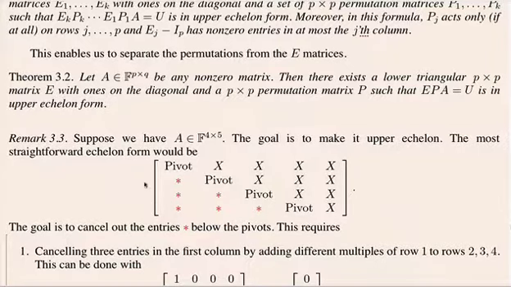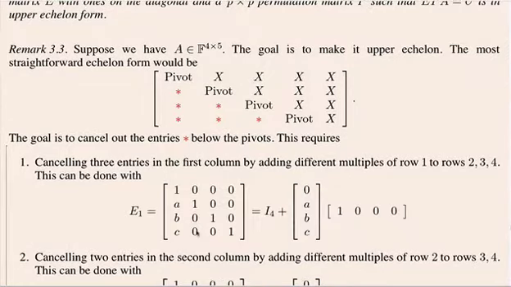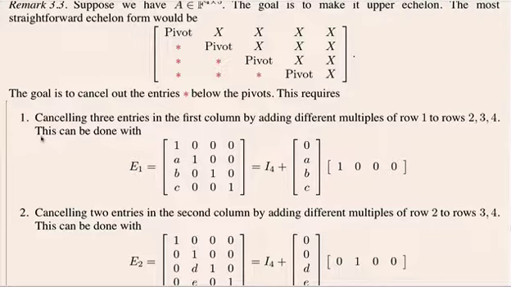The most straightforward upper echelon form would have the pivots in these diagonal entries and possibly non-zero entries above, and then below the diagonal, these red stars are supposed to be cancelled out. So first of all, this requires cancelling 3 entries in the first column.